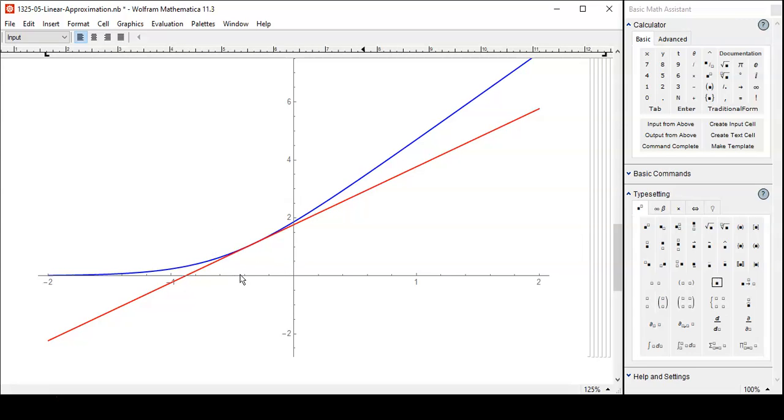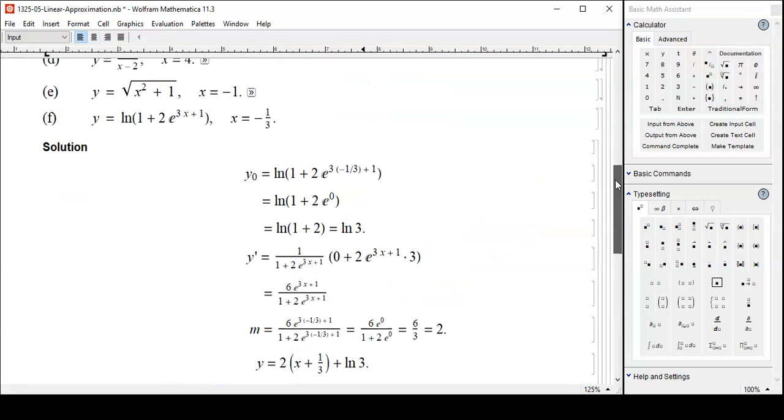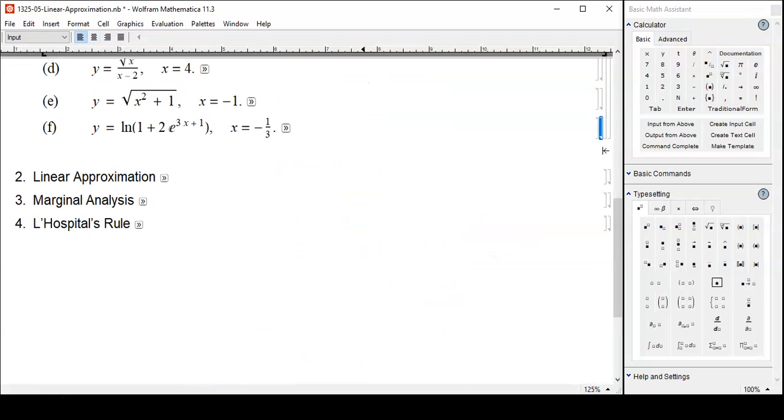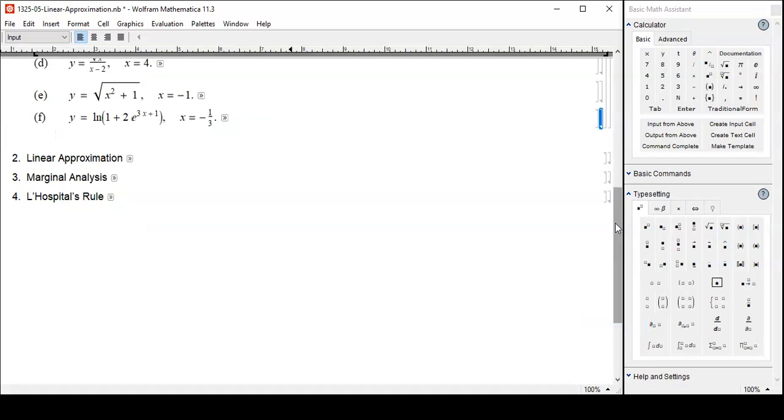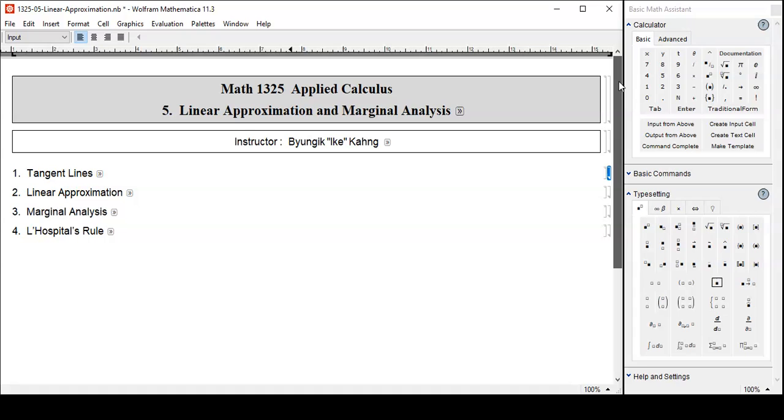You can consider other lines, but this line is going to be the best approximation. Tangent line is always the best approximation. Okay, so much for section 1, tangent line, and we're going to talk about section 2 in a separate video.